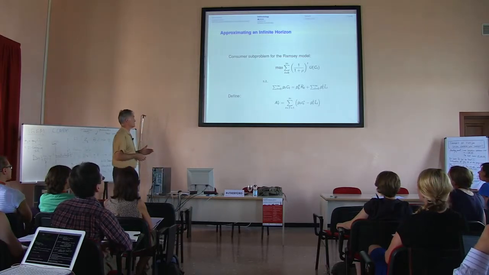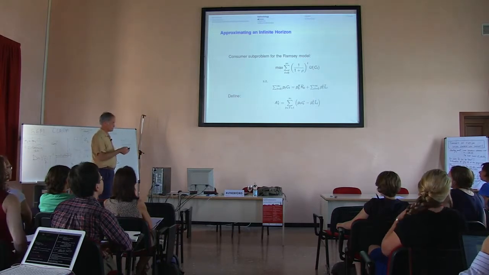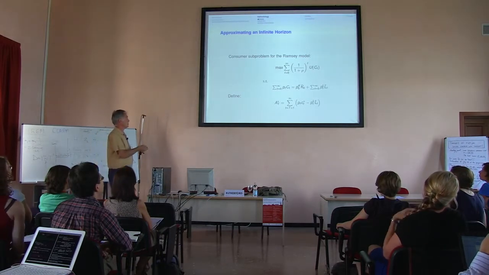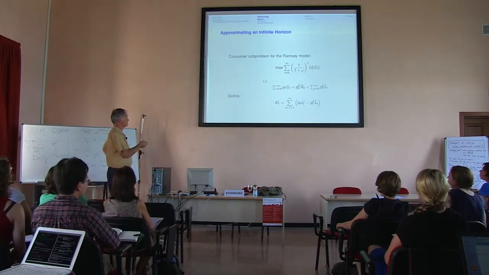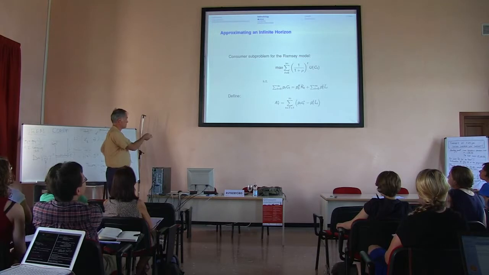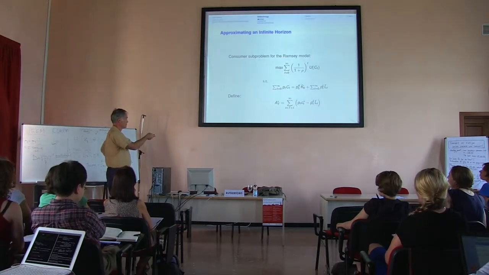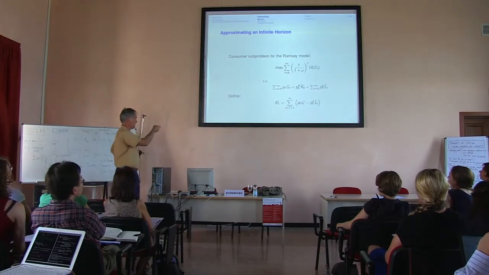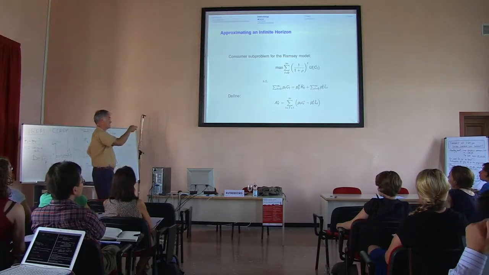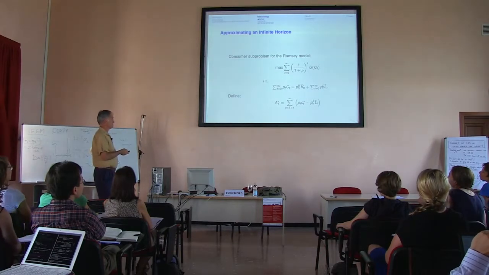In this case, think about the subproblem for a typical Ramsey model: we have a discount rate rho and consumption C sub t. The budget constraint for the agent says the value of consumption over the infinite horizon has to equal the value of the initial capital stock plus the present value of wage earnings.